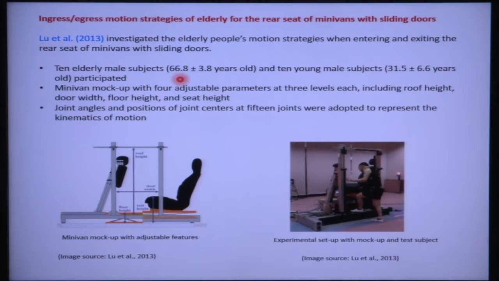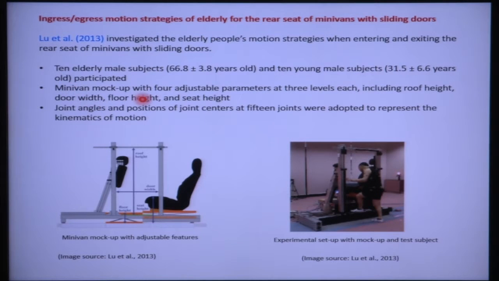So, they conducted one study. In the study, 10 elderly male subjects and 10 adult or young male subjects participated. And from this, they investigated the elderly people's strategy while entering and exiting the rear seat of minivans with sliding door, and how it is different from young people.